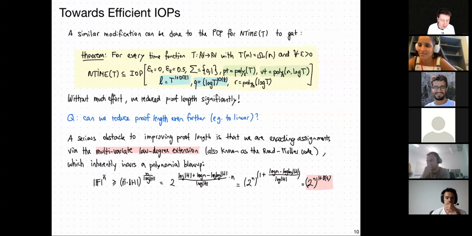And if we use multivariate low-degree extensions, we will always be confronted with a polynomial blow-up, because we'll have something to the number of variables. I'll call it n bar here. The number of variables is going to be the log of the size of our problem over log h, where you have this expression, just like in the previous slide. And at the end of the day, no matter what you do, it's going to be something like the size of your problem, which I wrote as 2 to the n. I should probably change that.